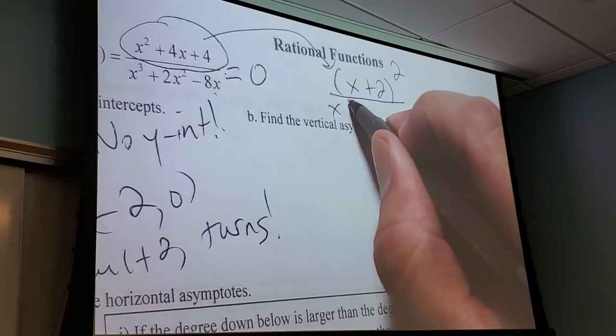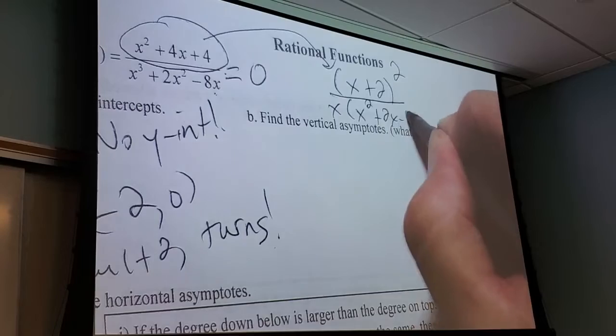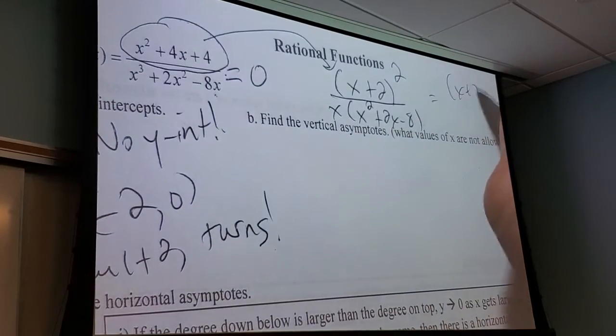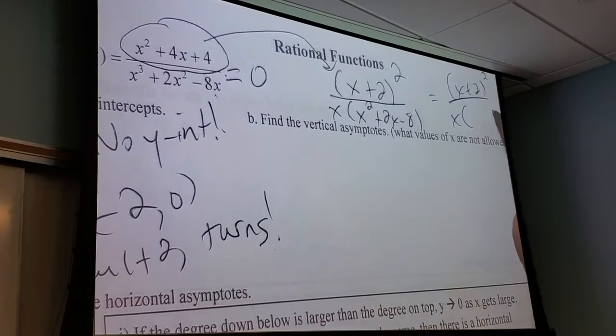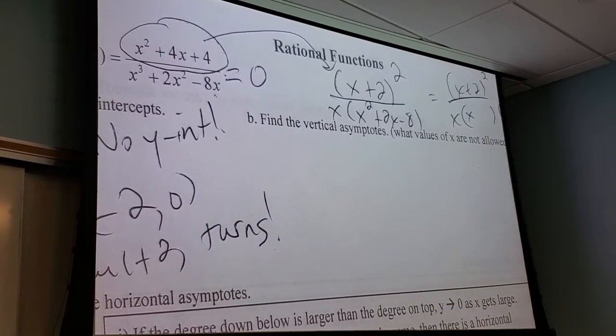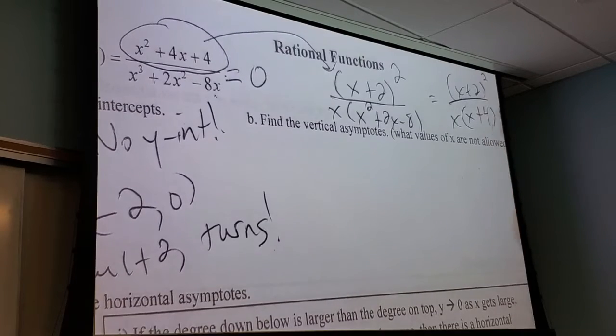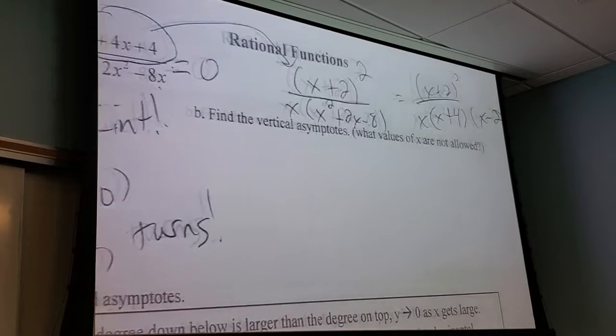It's a good first step. And then I'm left with x squared plus 2x minus 8. And how do you factor x squared plus 2x minus 8? x, say again? Plus 4, yeah. x minus 2. Sorry, I thought you said 1.